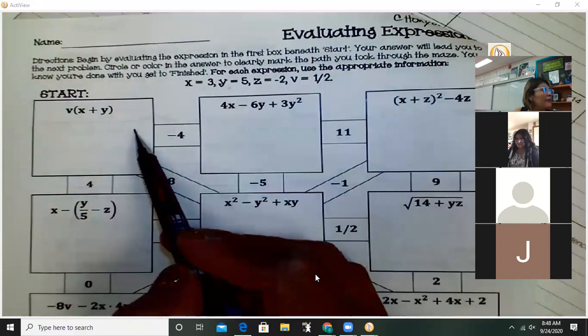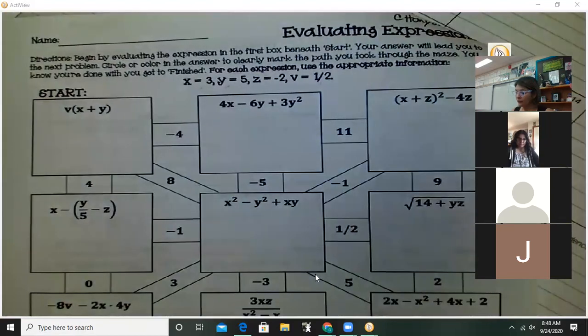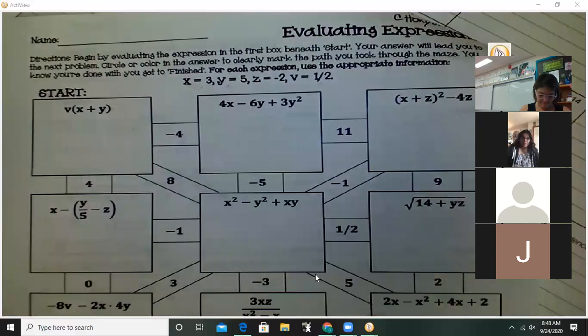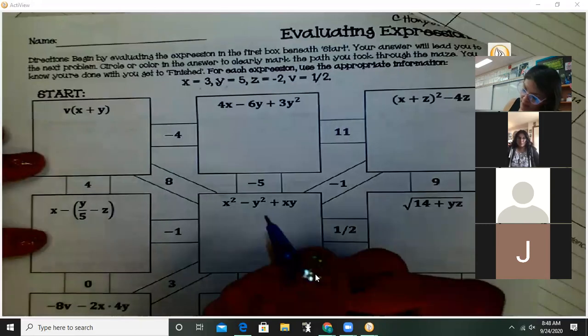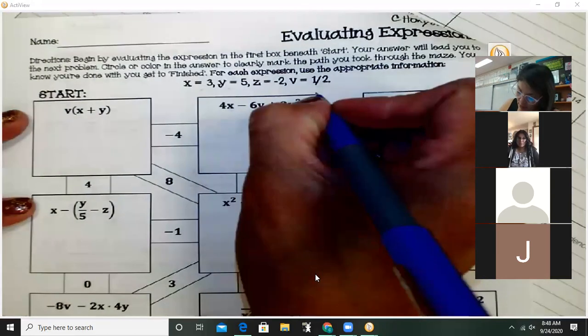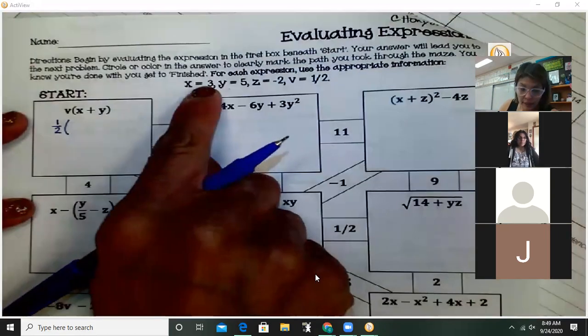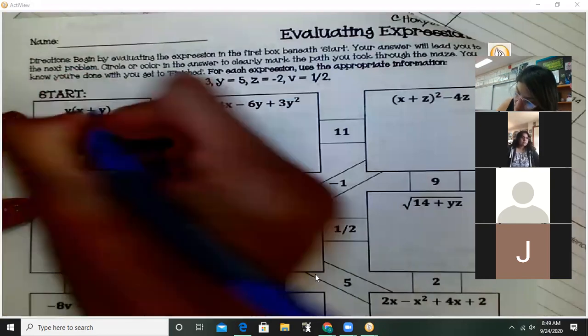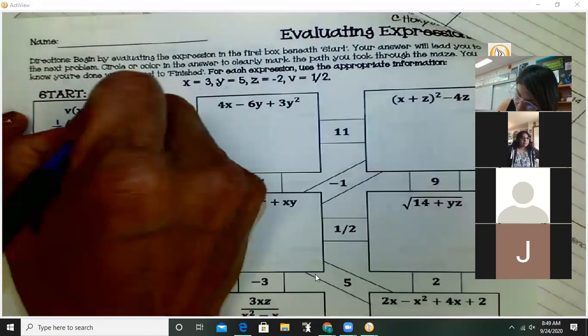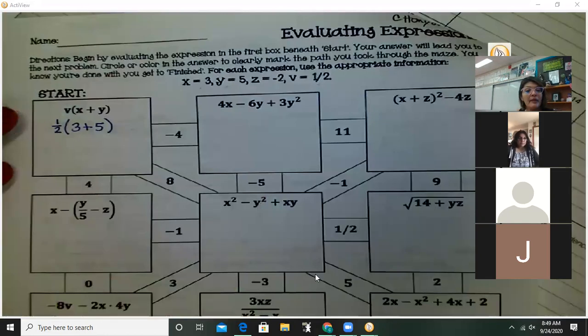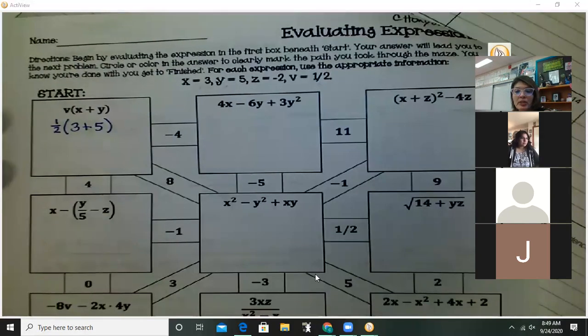Let's plug in all of our values. Hold on just a minute. So V is 1/2. So I'm gonna go 1/2 times X is 3. Y is 5. So I plug in my values first. Order of operations tells me to do parentheses first.